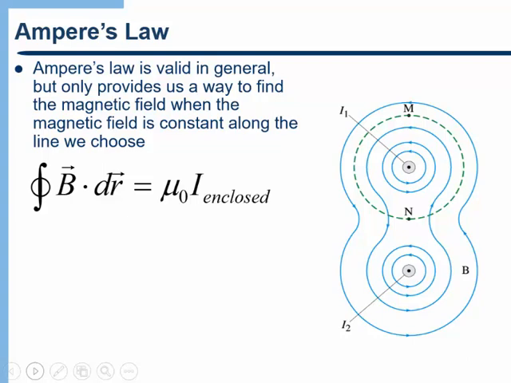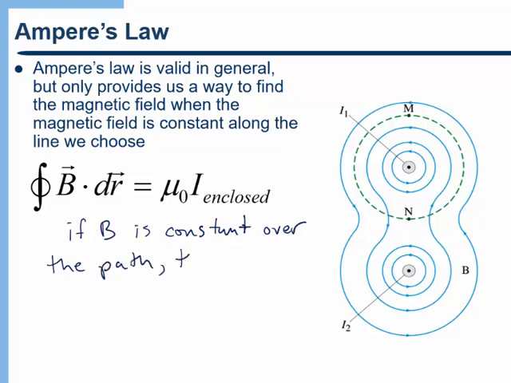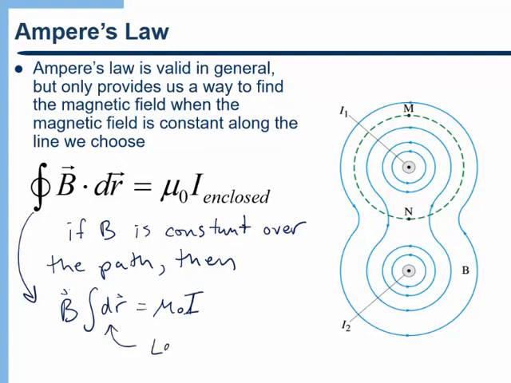So in other words, if B is constant over the path, then the integral of B dot dr just reduces to B times the integral of dr, and that is just the length of the path. So the integral of dr is just the length of the path.